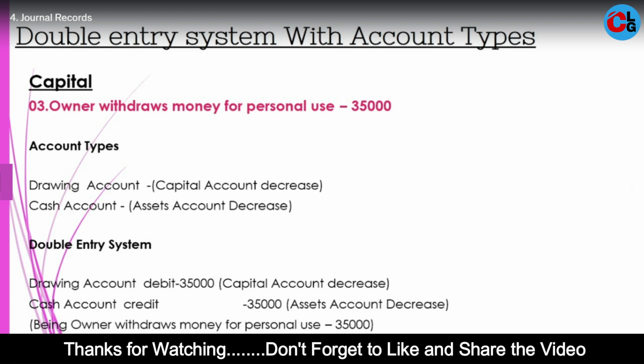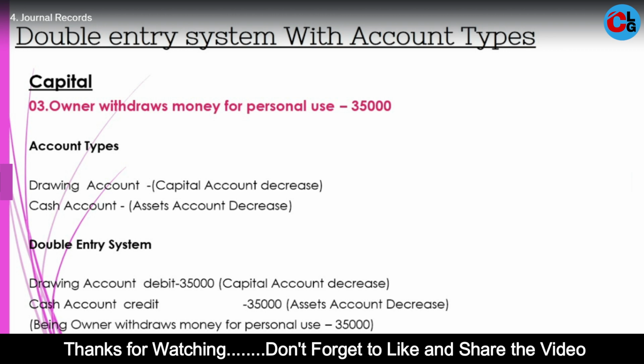So the double entry is, if capital decreases, what will happen? Debit. So drawing account debit 35,000. The cash decreases, this is an asset account, so if an asset account decreases, it's a credit. So cash account credit 35,000, right?